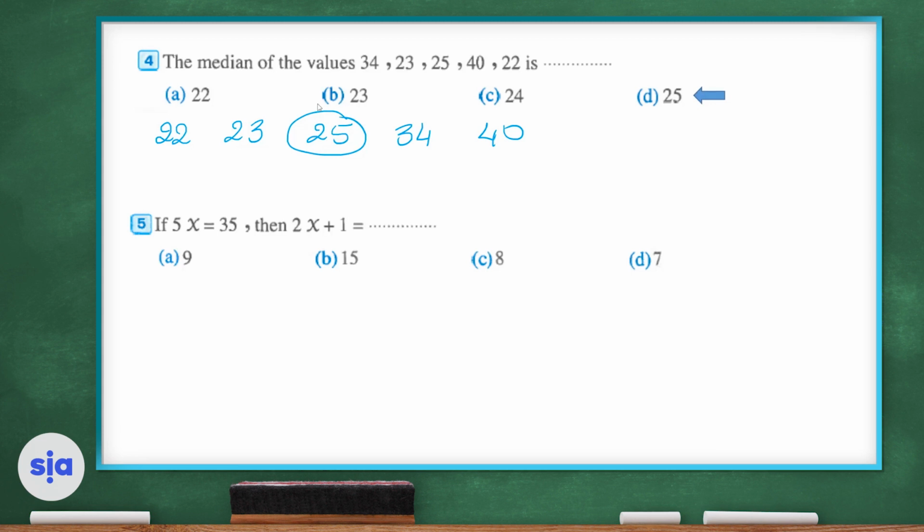Question 5. If 5x equals 35, you divide both sides by 5, then x equals 7. Take care, the question does not want you to find the value of x. The question wants you to find the value of 2x plus 1, so it will be equal to 15. Then the right choice for question 5 is 15.